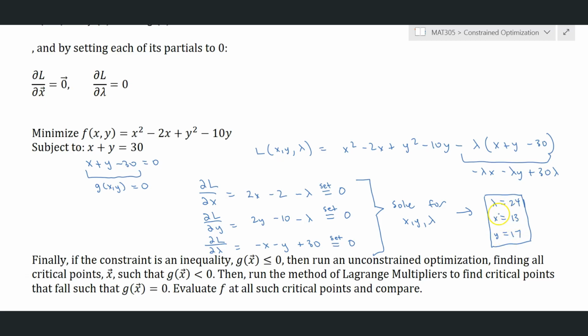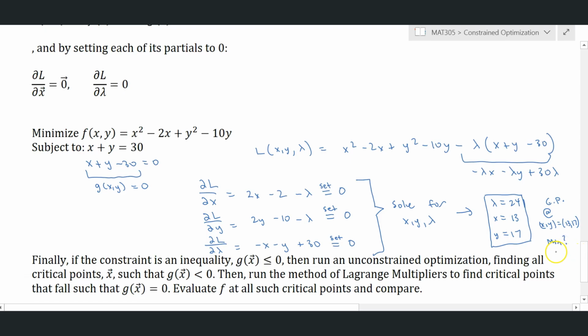We're not going to go into, in this particular video, what lambda is, but it can be interpreted in the context of the problem. But basically we found a critical point at x, y equals 13 and 17. And so what we're claiming now is, well, we're hoping that's a minimum.